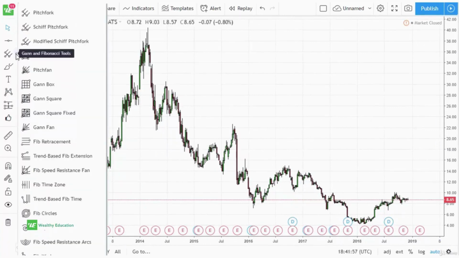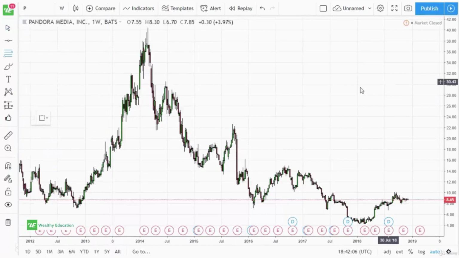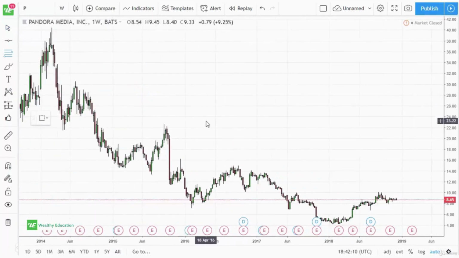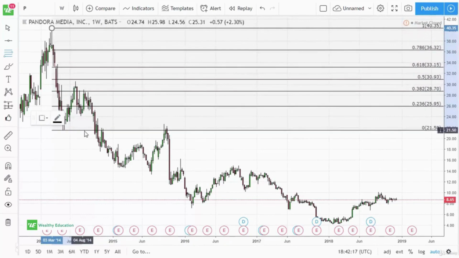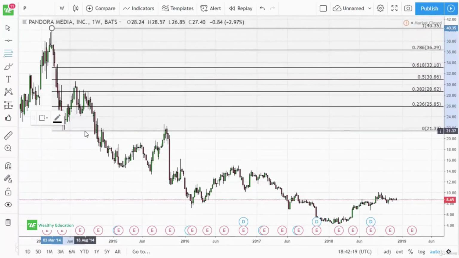Clicking on the Gann and Fibonacci tools submenu, you can pull up a fib retracement. A fib retracement is simply a ratio of distance that a trade goes before it runs into a particular resistance barrier.